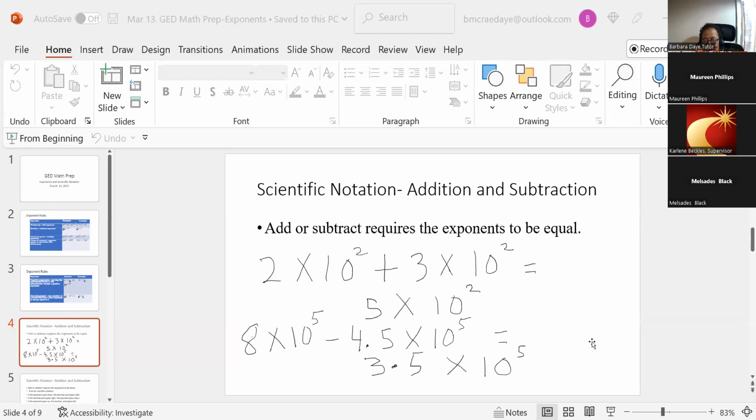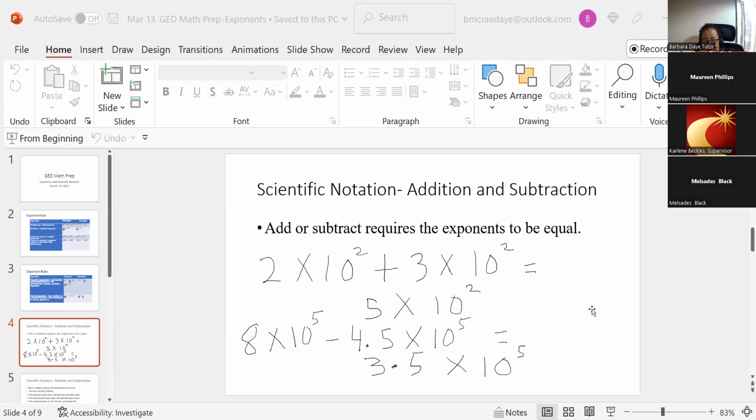So after you add the 2 and 3, those are the coefficients. The base is 10. The 10 is always the base when we're talking scientific notation.